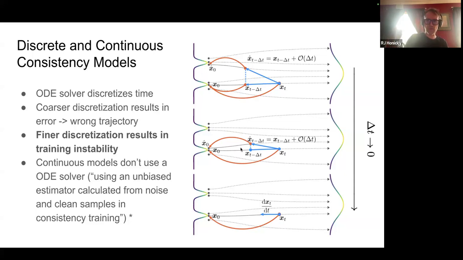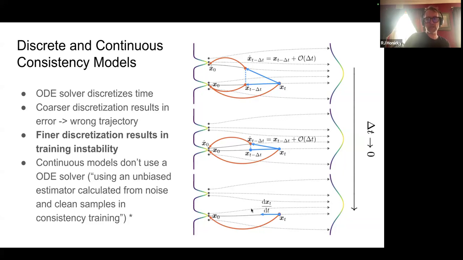That's what this diagram is trying to present: if this delta t here is very big, you see it goes far from x_t to x_{t-Δt}, then the error can be very big, and that can put it on a different trajectory. So you get the wrong trajectory. If the discretization is a bit smaller, then the error might be a little bit smaller, and you'll get a closer but not the same trajectory. And that's sort of the point.